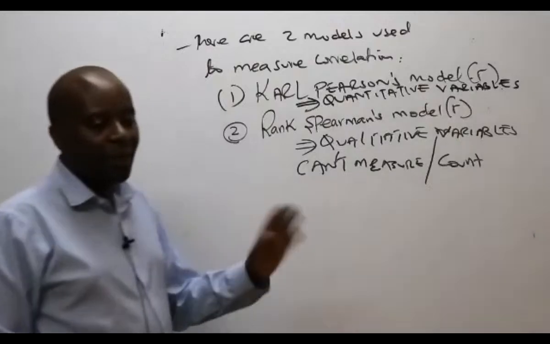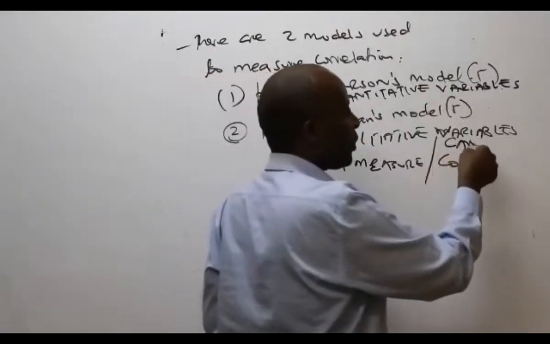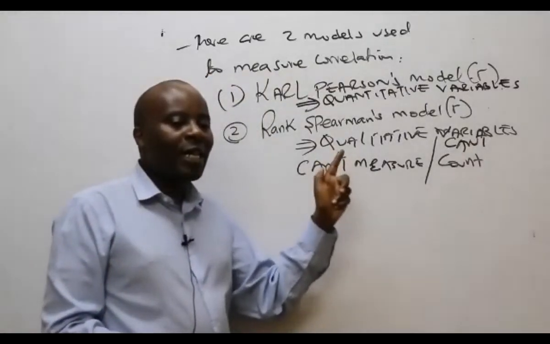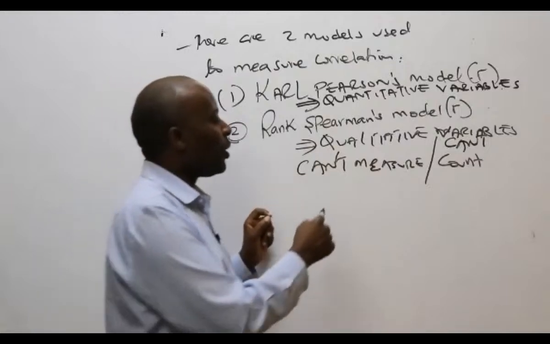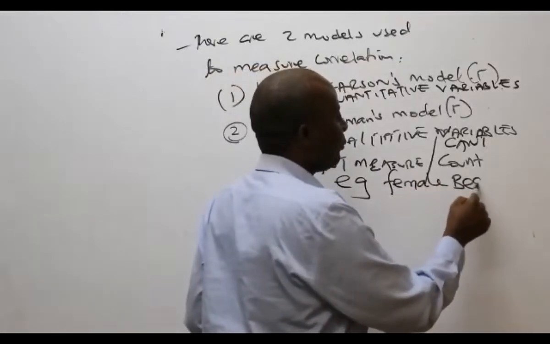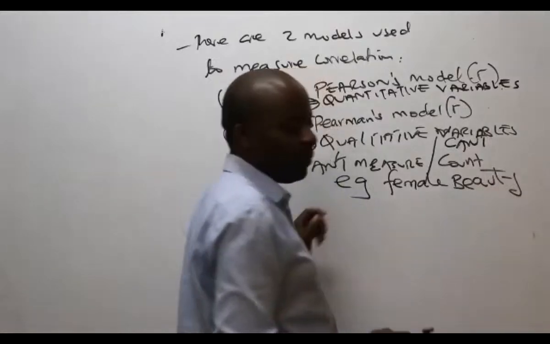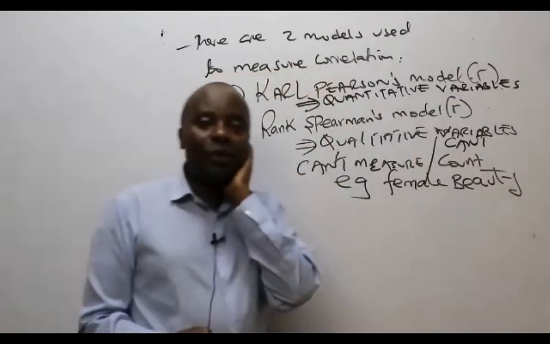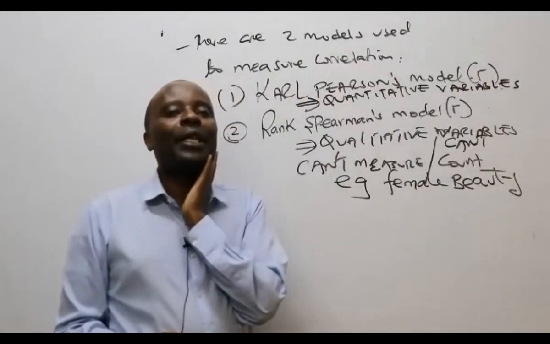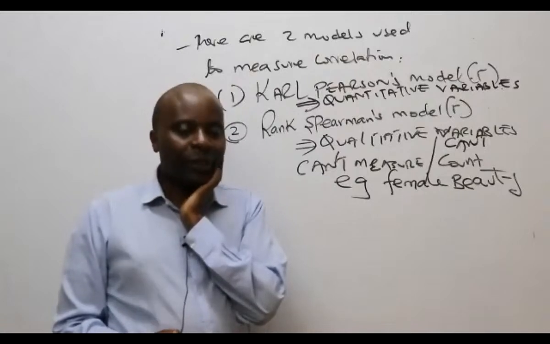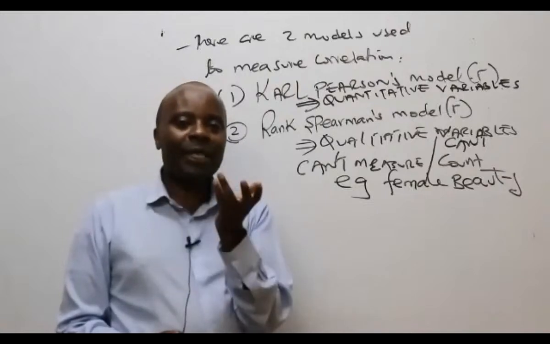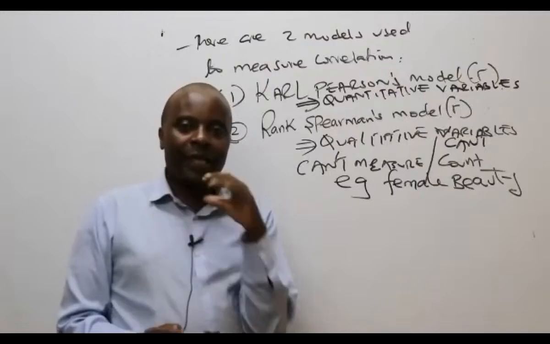A very good example of a qualitative variable is female beauty. Ladies and gentlemen, there is no way you'll be able to measure how beautiful a lady is. That's an impossibility. So, Frederick, there is no way you can start telling us that your wife is 90% beautiful. This is a qualitative variable.